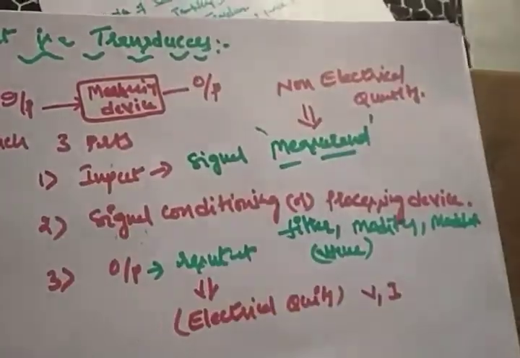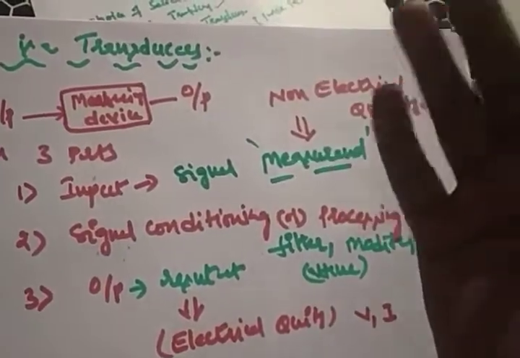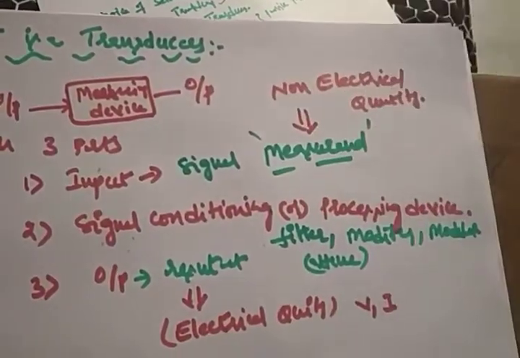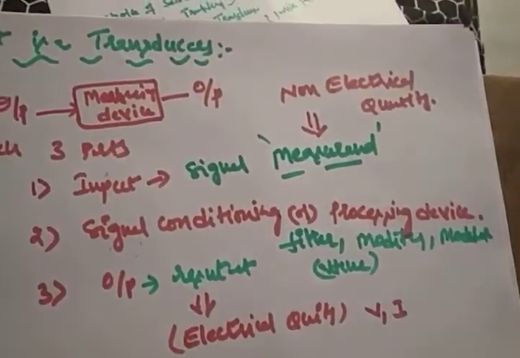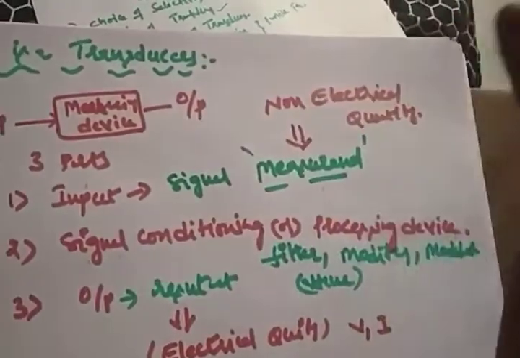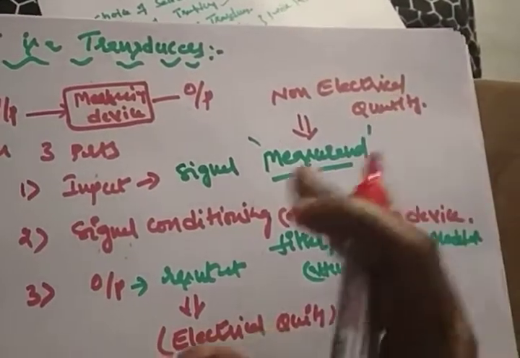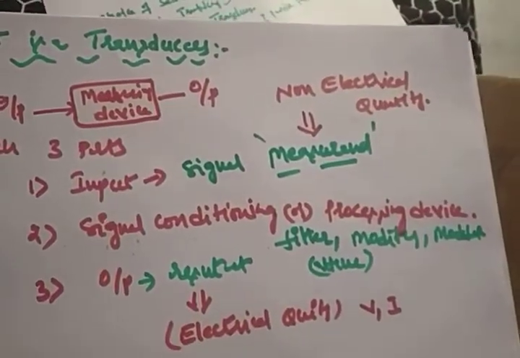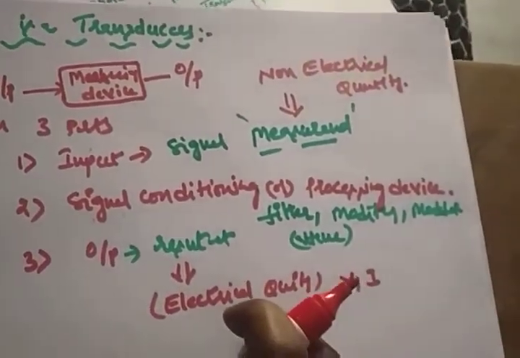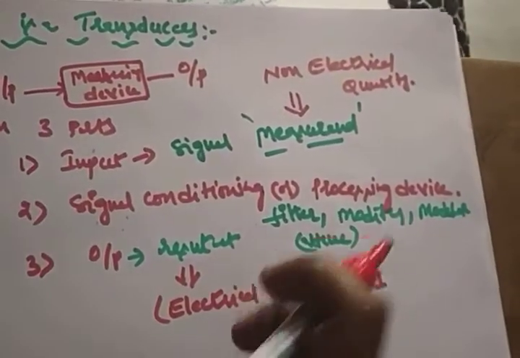In most of the cases, my input signal is a non-electrical quantity, like pressure, temperature, liquid flow, rate of change, flux. These are non-electrical quantities, right? At the output terminal we always require voltage or current.